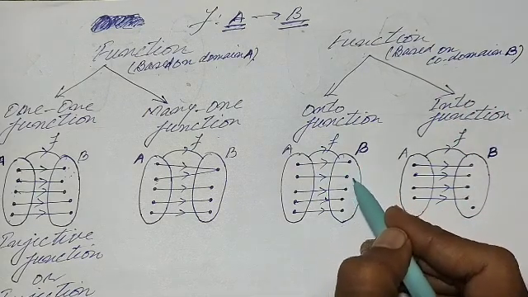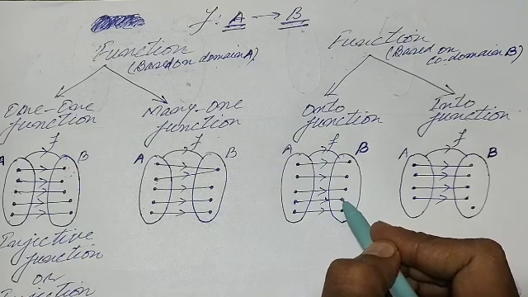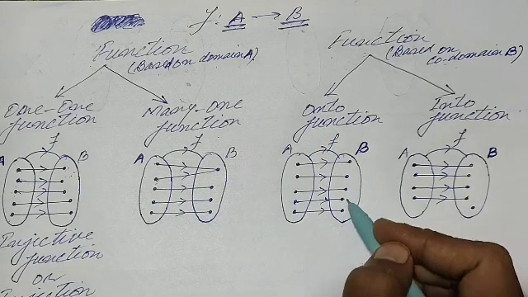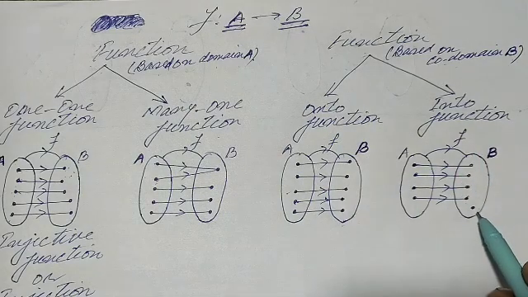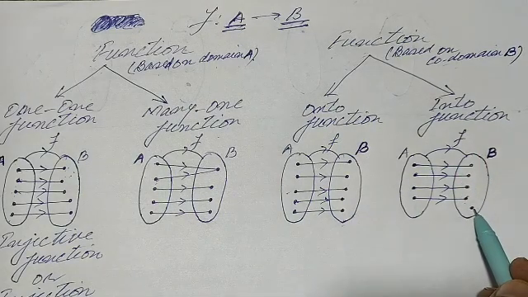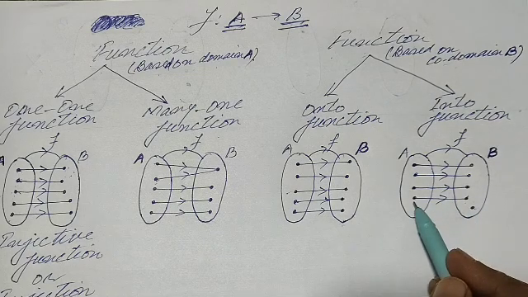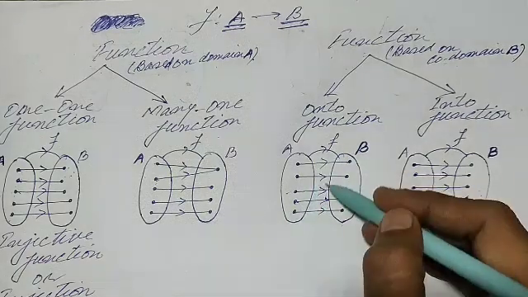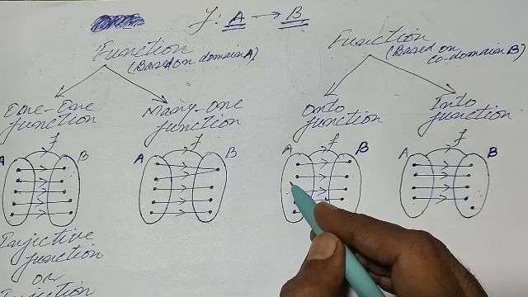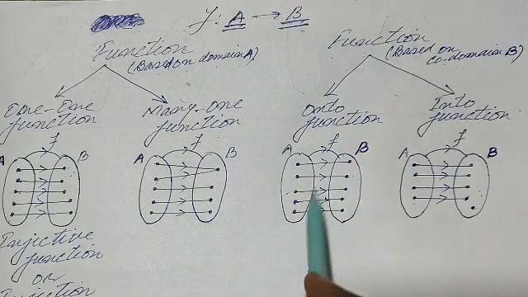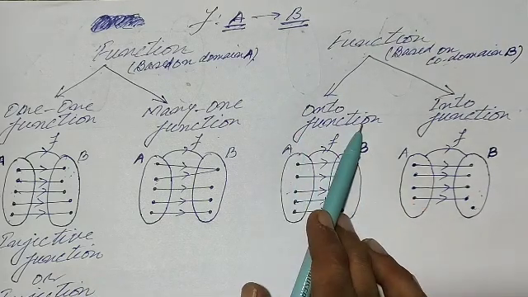So if we take codomain under consideration, there are two possibilities for a function. Each and every element of codomain B has a pre-image in domain A. And the other possibility is that there is at least one element in codomain B which does not have a pre-image in domain. If each and every element of codomain has a pre-image in domain A, then the function is said to be an onto function.